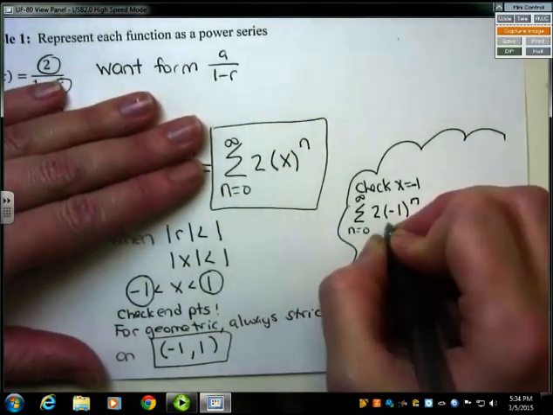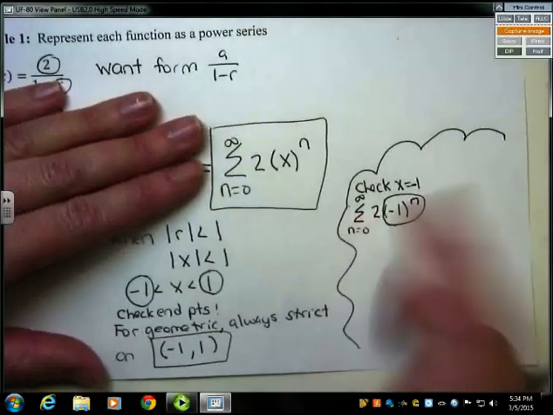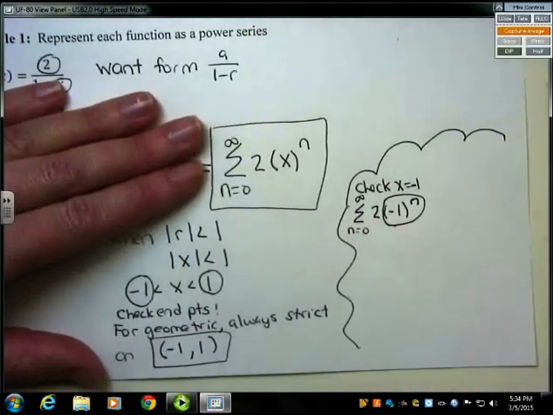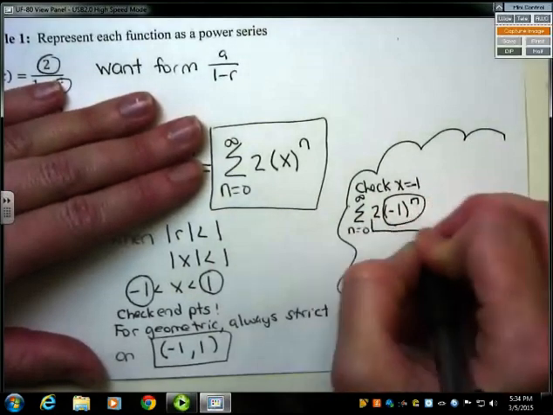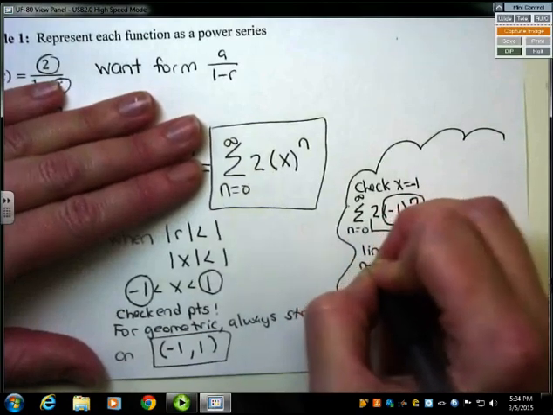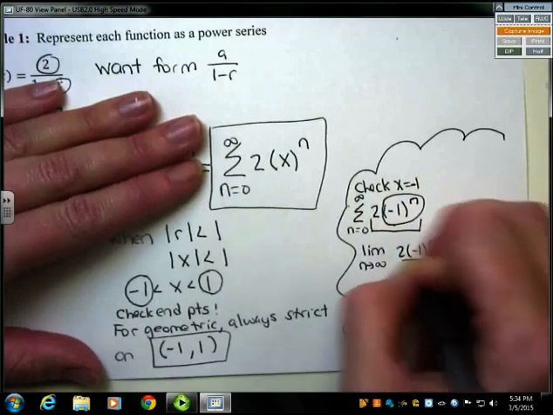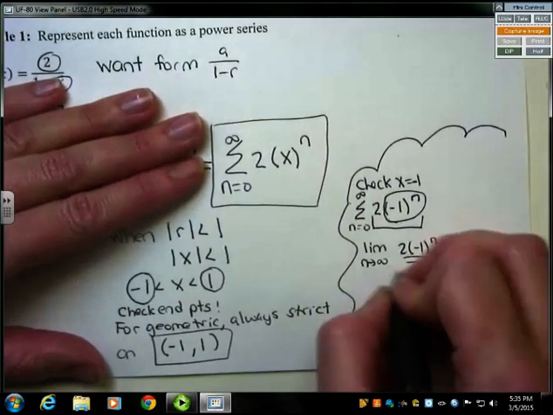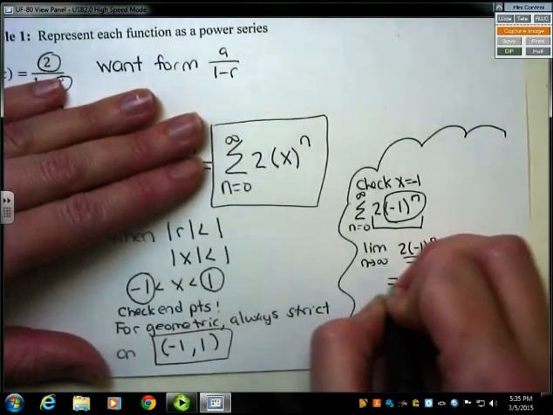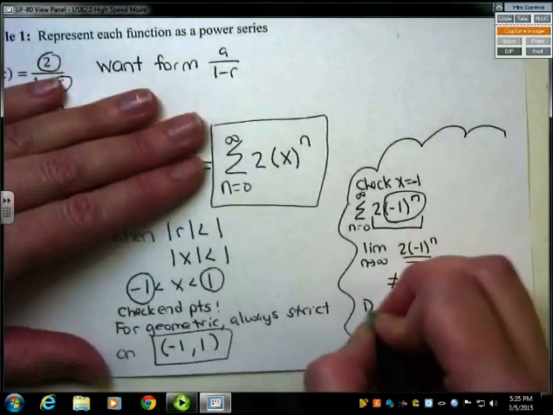It is an alternating series, so you could check your alternating series test. Obviously, the limit of the inside for part 2 doesn't equal 0. So maybe that's a tip that we should look at the limit of the inside sequence as a whole. The limit of this does not equal 0. So by the test for divergence, this diverges.